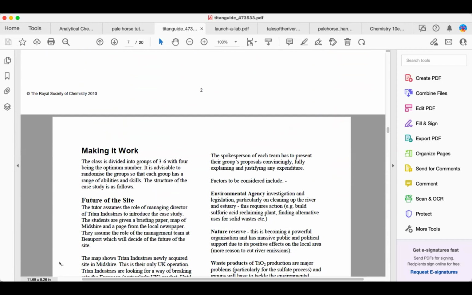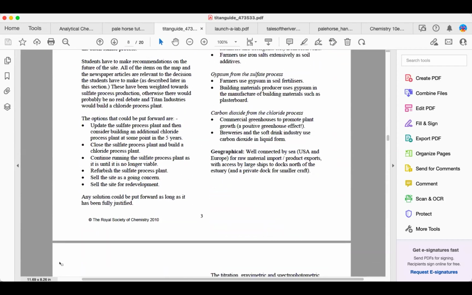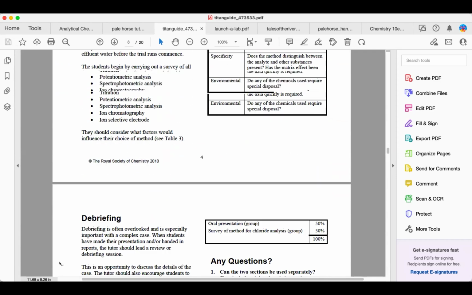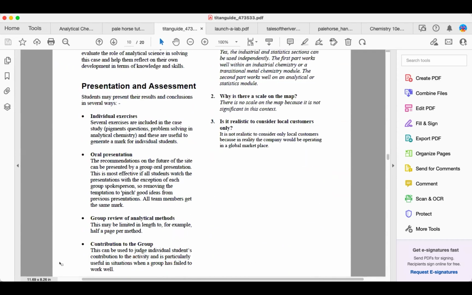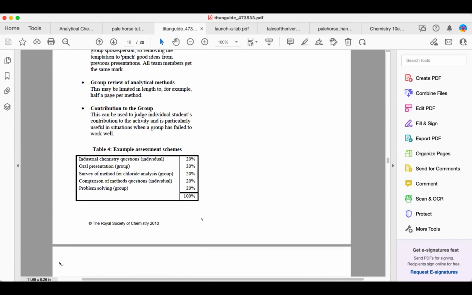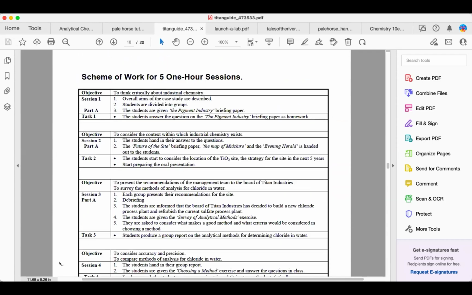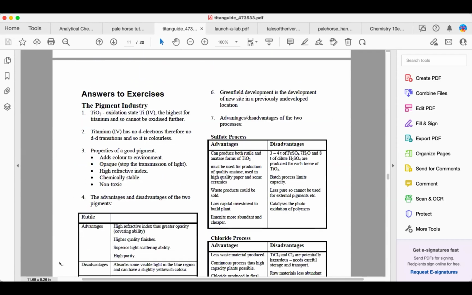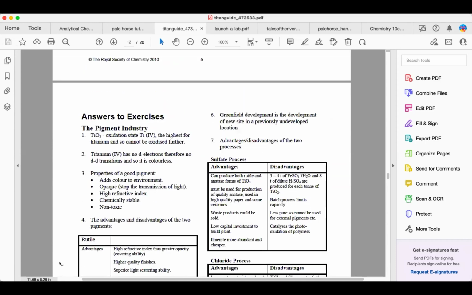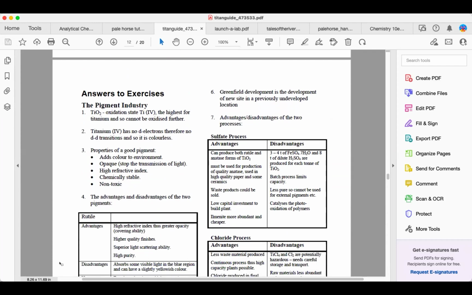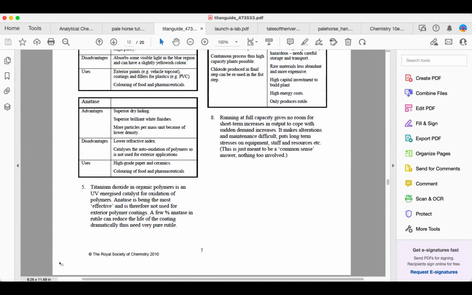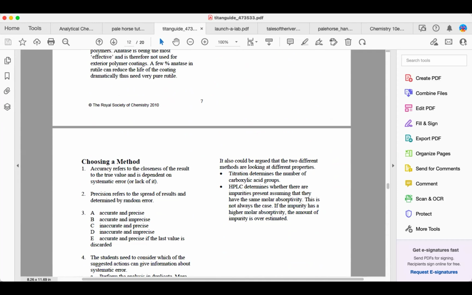So let's look at the handouts. I think the handouts are okay. Hmm. Let me open the handouts. Yeah, just a moment.